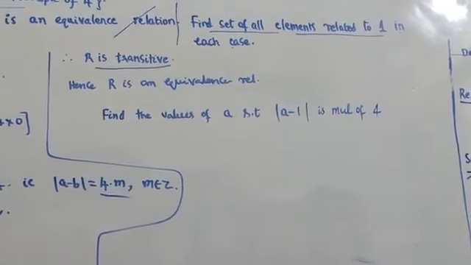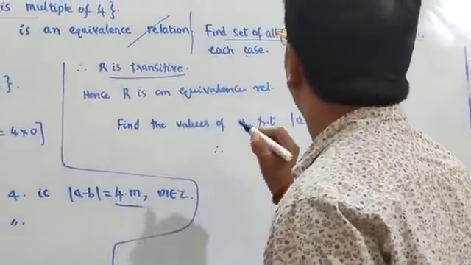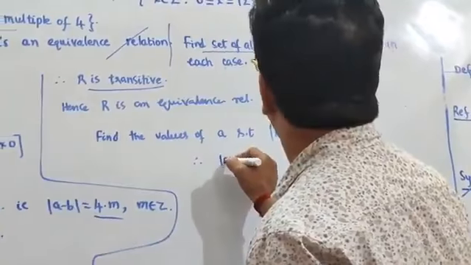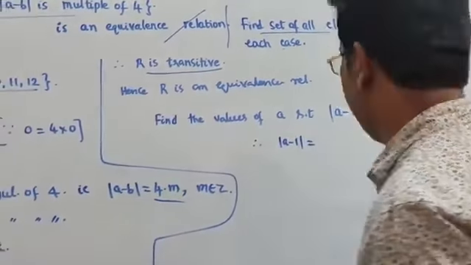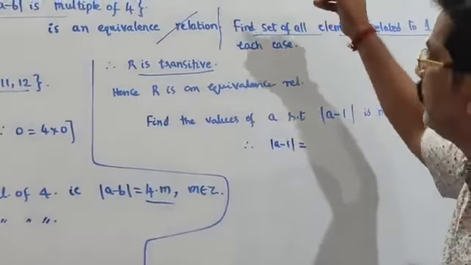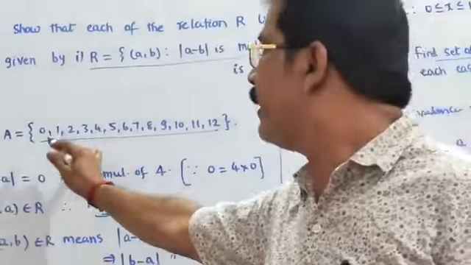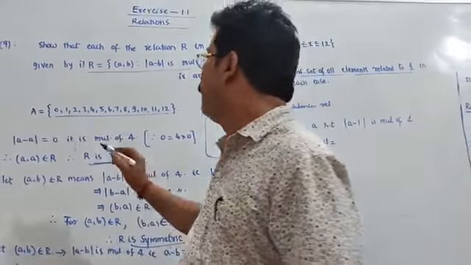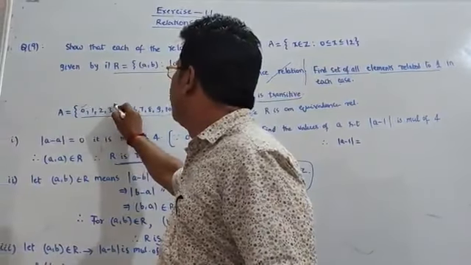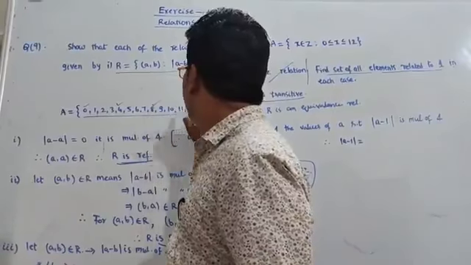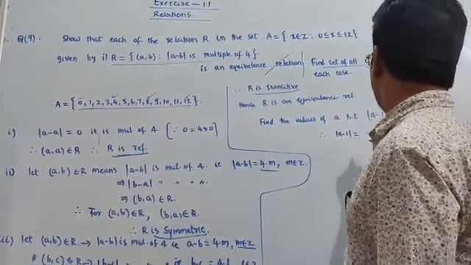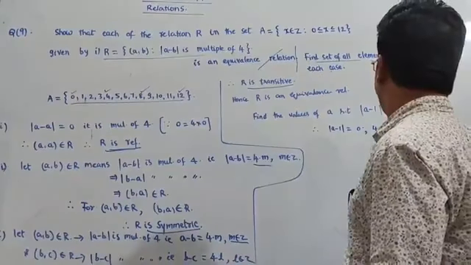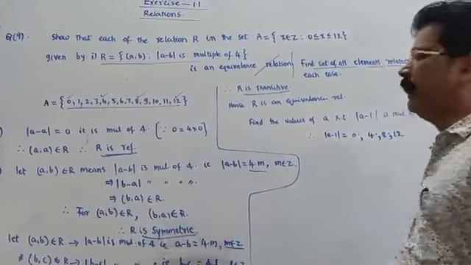So we are going to find the values of a so that modulus of a minus 1 is a multiple of 4. Out of the given 13 elements, first you represent which elements are multiples of 4. 0 is a multiple of 4, and so are 4, 8 and 12. So 0 or 4 or 8 or 12.